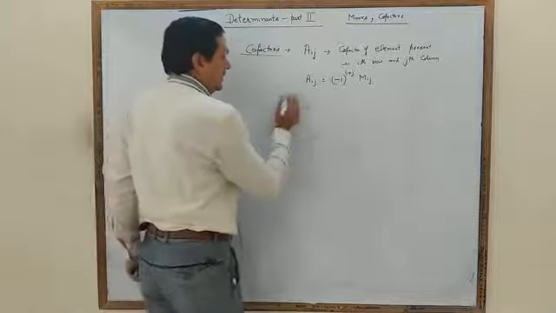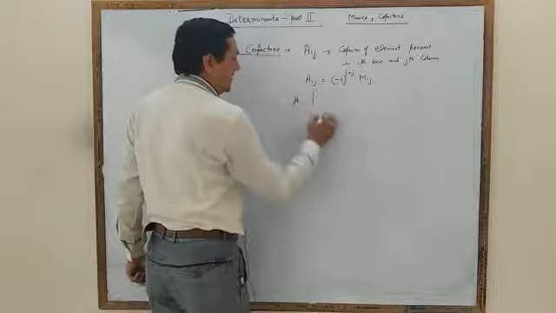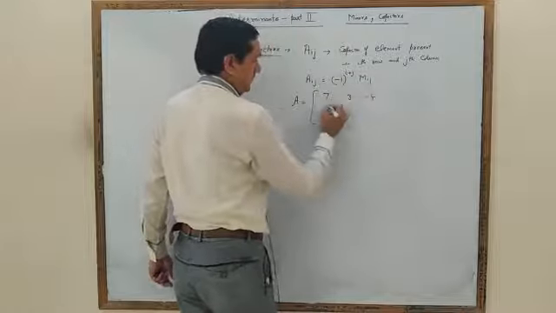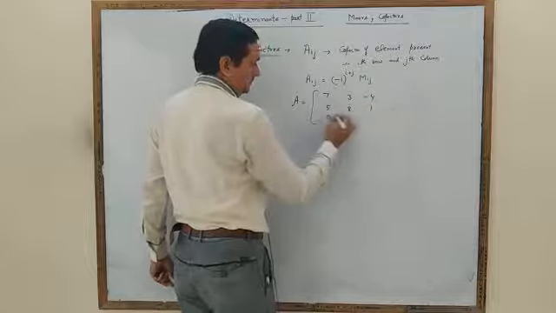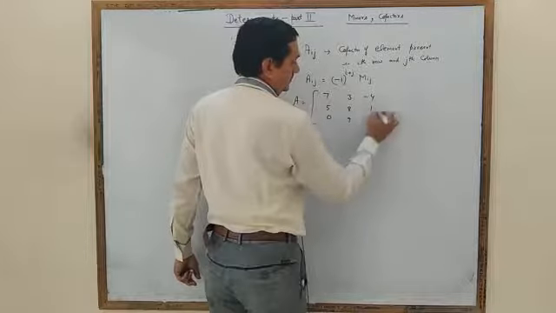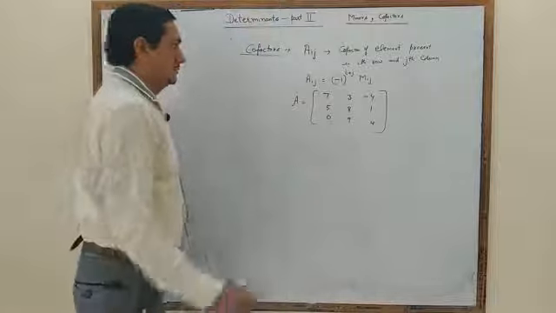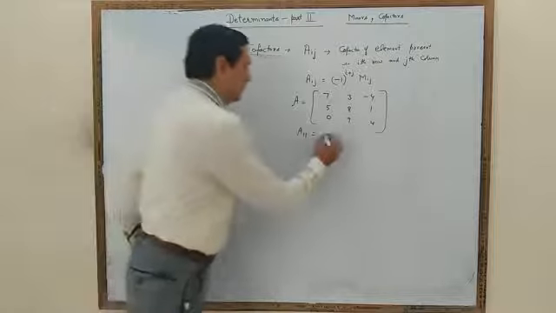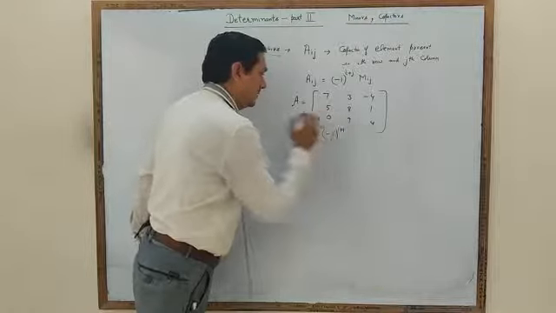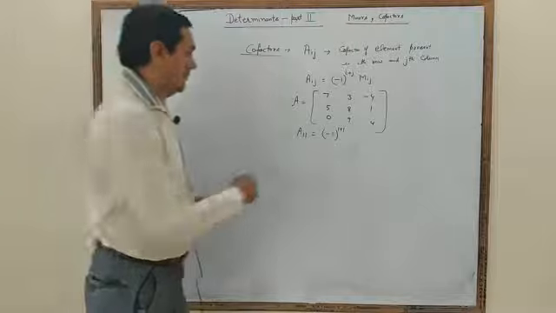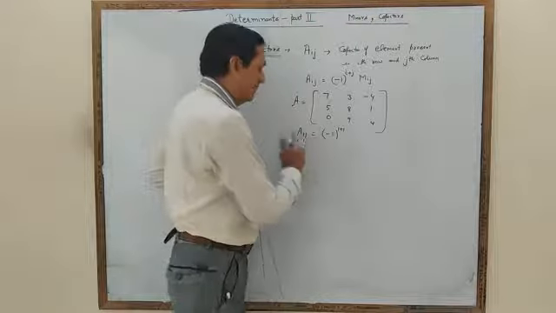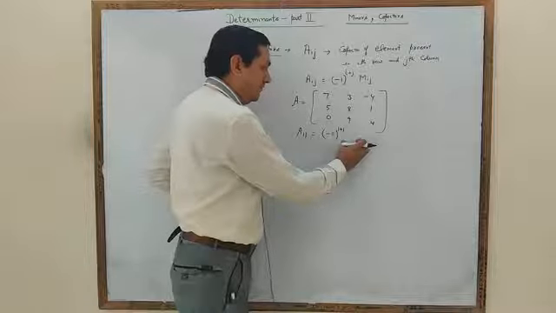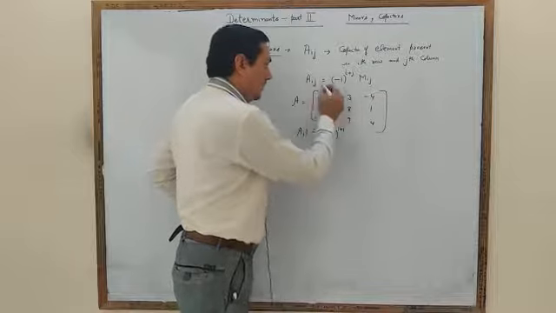We shall illustrate it by an example. Let us consider a matrix A. Now we want to calculate A11. -1 raised to the power 1 plus 1. Now to calculate minor M11, we delete first row and first column.